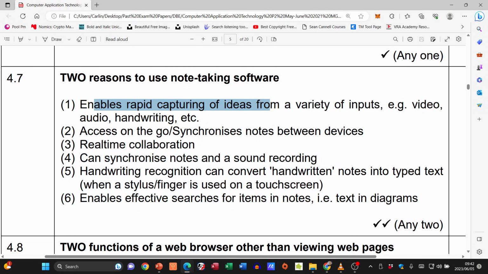It enables rapid capturing of ideas from a variety of inputs, access on the go, real-time collaboration, can synchronize notes and sound recording, handwriting recognition, can convert handwritten notes into typed text, and it enables effective searches for items in notes. So anything like that, and anything that keeps you on this sort of track when it comes to your answer. You might not have the exact same answer, but something that alludes to this would be okay as well.